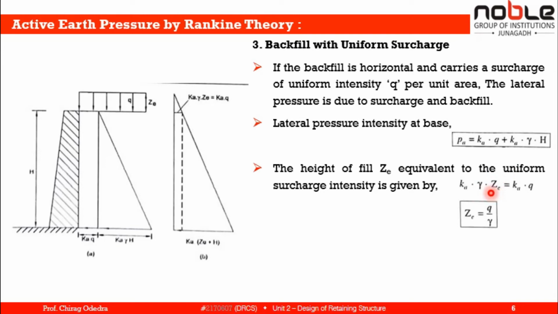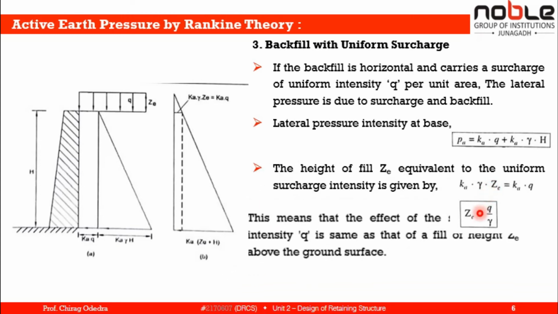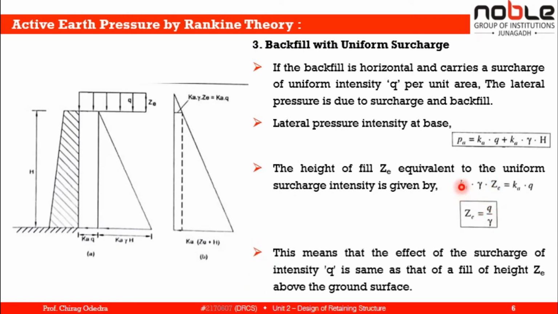Here ZE is the equivalent height of the fill. So by equating this both, we can say that ZE is equal to Q by gamma. This means that the effect of the surcharge of intensity Q is the same as that of a fill of height ZE above the ground surface.